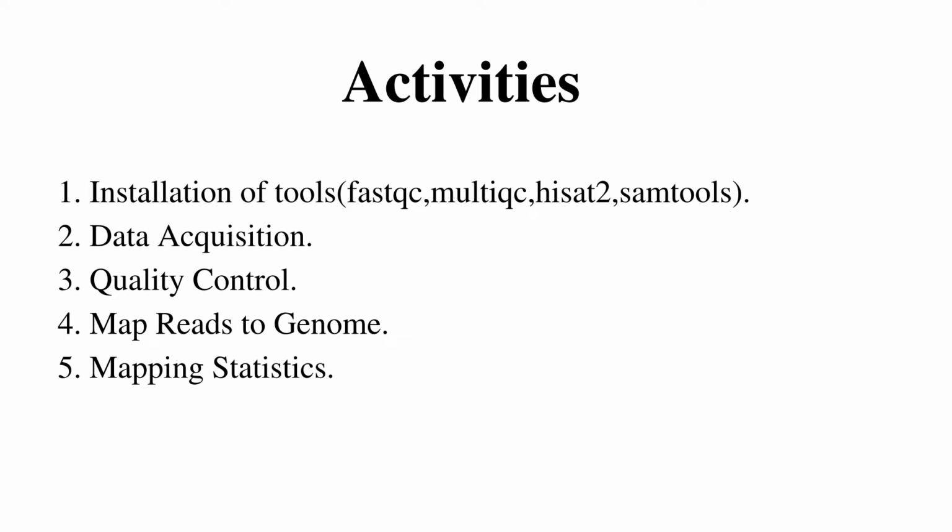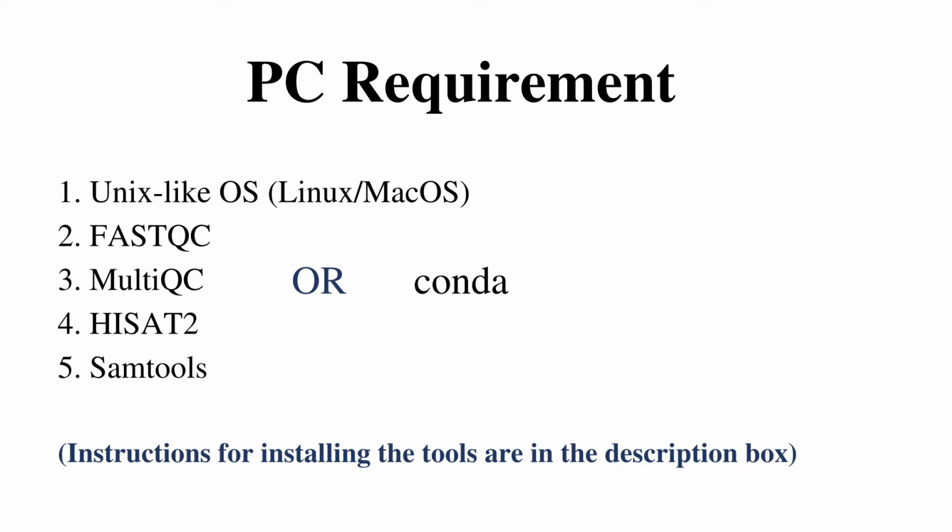So for this tutorial, what you need to do is to make sure you have a Unix-like system, i.e. Linux or macOS. You should also have FastQC, MultiQC, HISAT2, SAMtools installed. Alternatively, you can just have Conda installed, and then we will use that to install these tools.